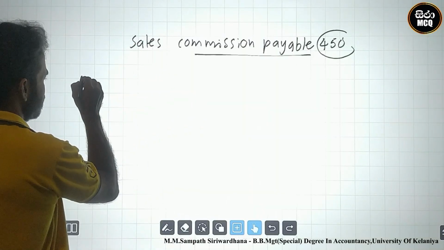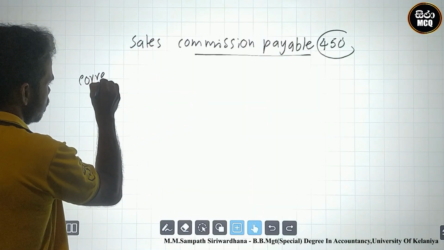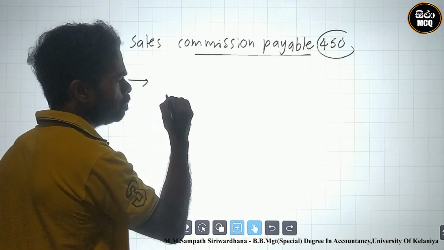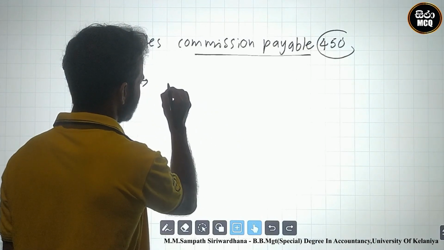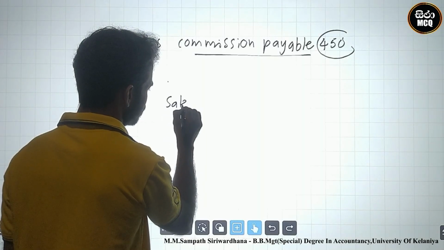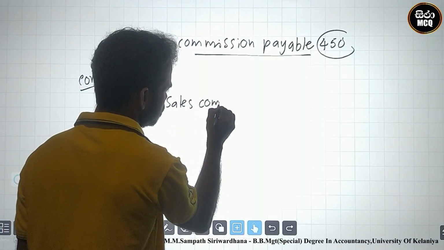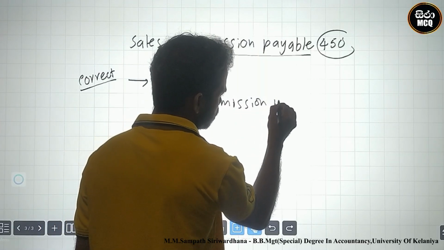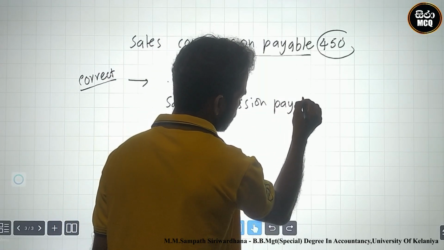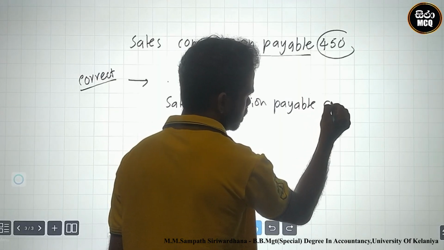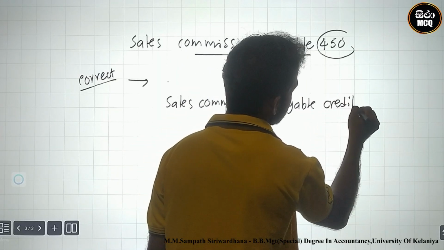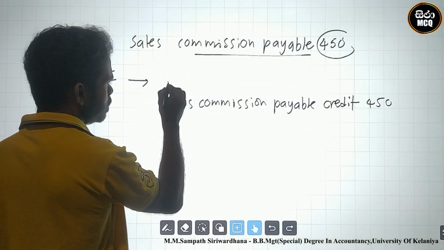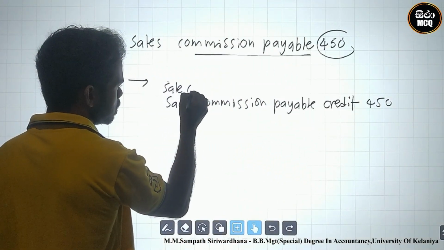What is the double entry? The correct one is sales commission payable credit 450, debit to sales commission expense.